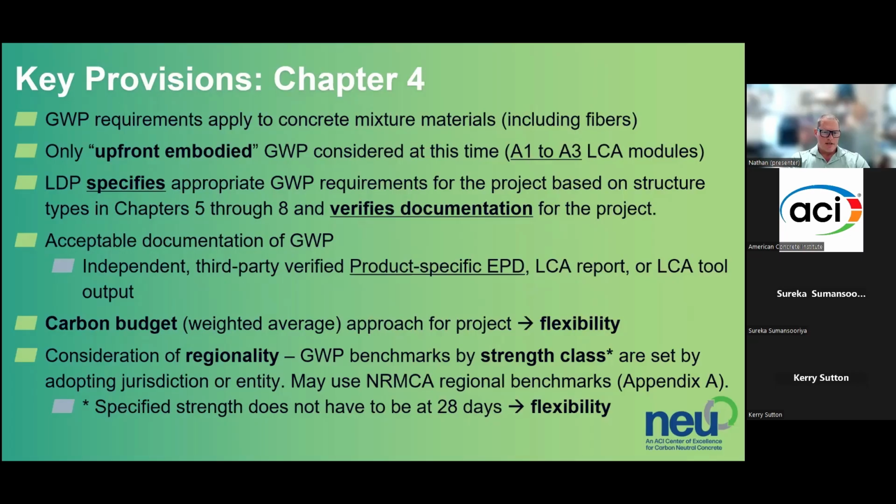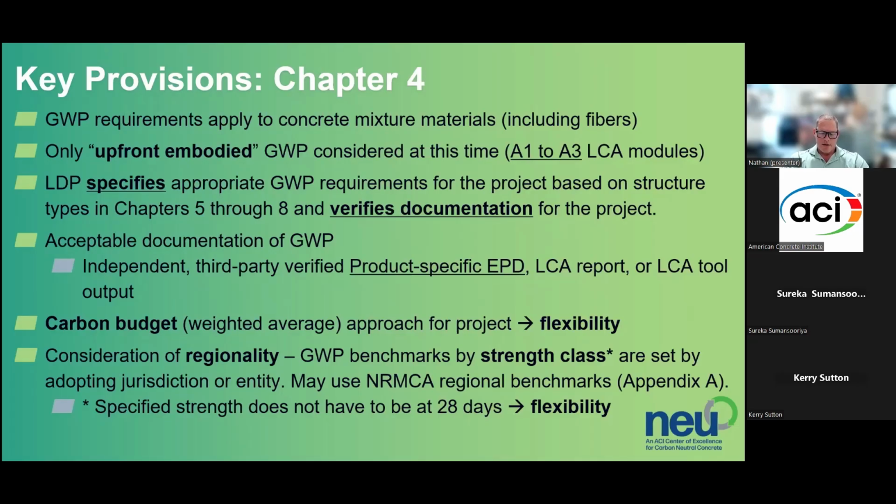Again, the licensed design professional specifies the reduction, uses a carbon budget approach, and it does have this final bullet, consideration of regionality. The code does encourage the adopting agency to establish their own benchmark, and in the absence of that, can use NRMCA regional benchmarks, which are made part of the code in Appendix A.